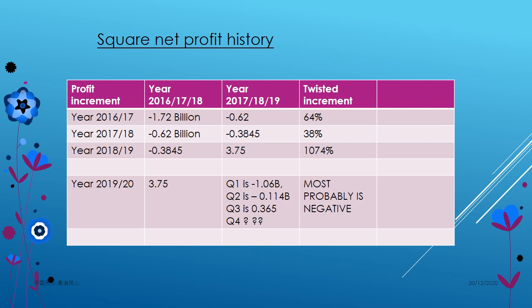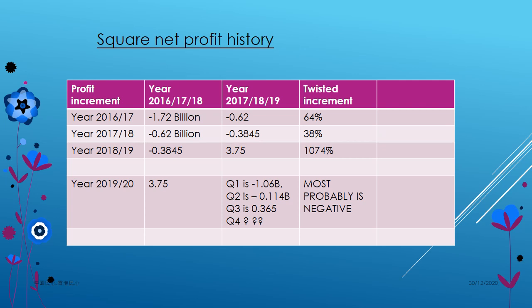The loss of 0.3845 billion turned to earning money. The earning is positive. How much did you earn? 3.75 billion US dollars. So this is not a twisted increment, actually. This is a real increment on the net profit. It is more than 1,000%, that means 10 times. Simple, right?